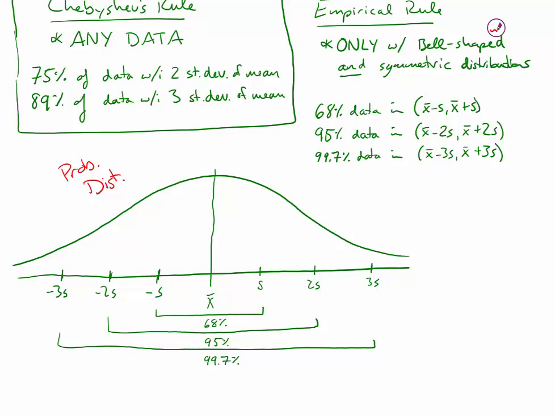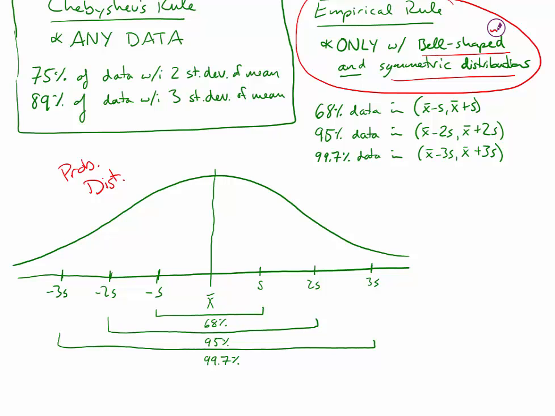And for the nice pretty ones, we can use the empirical rule. The empirical rule states that it can only be used with bell-shaped and symmetric distributions. Okay, so the normal curve, that's what we've discussed so far. This looks a lot like the normal curve, but it doesn't have to be the normal curve. It just has to be a normal-ish curve, essentially, in order to use the empirical rule.